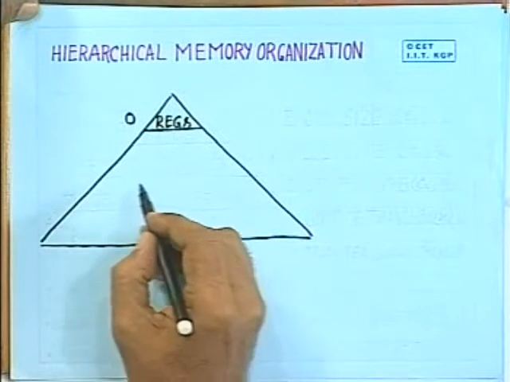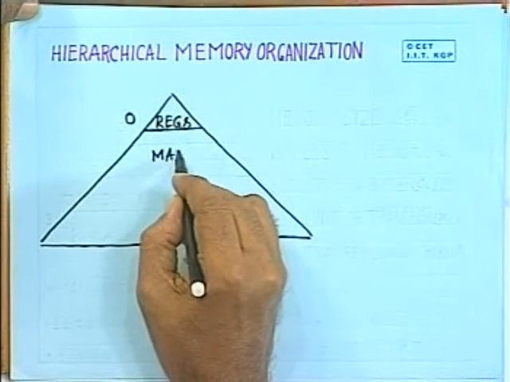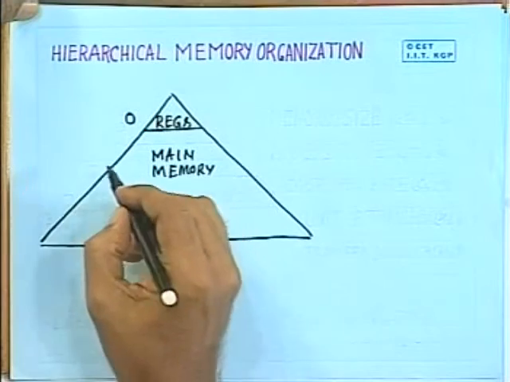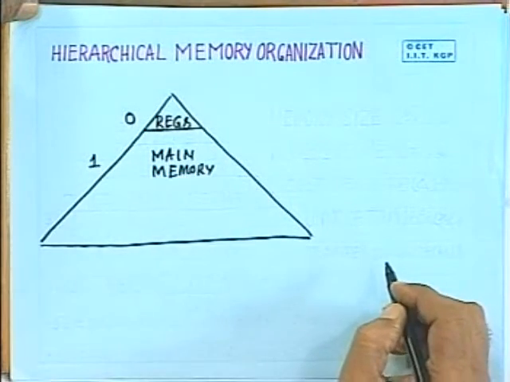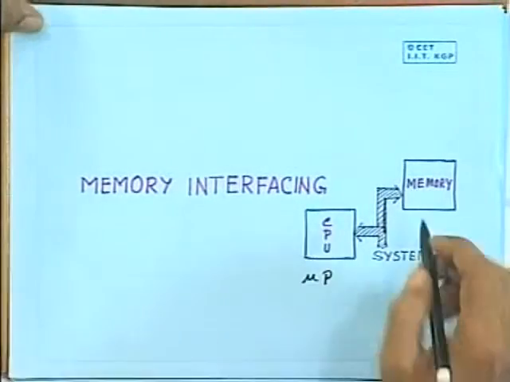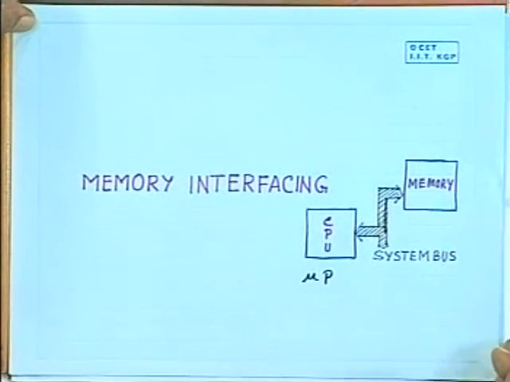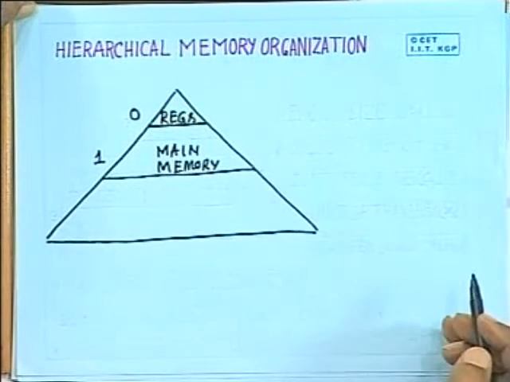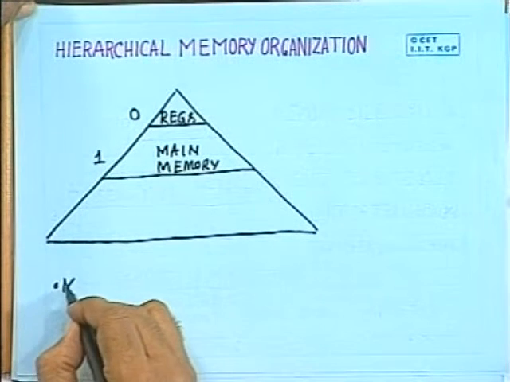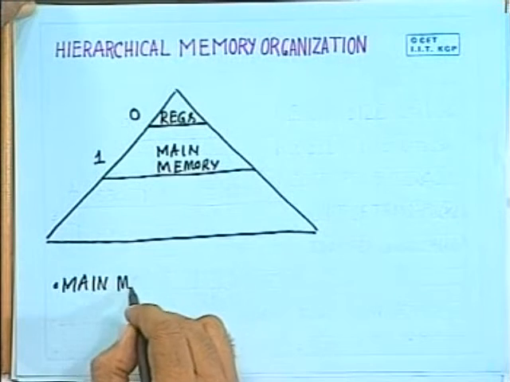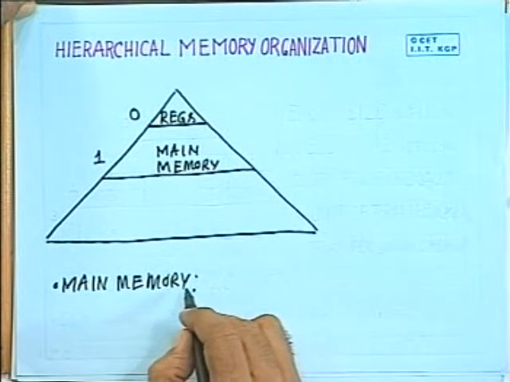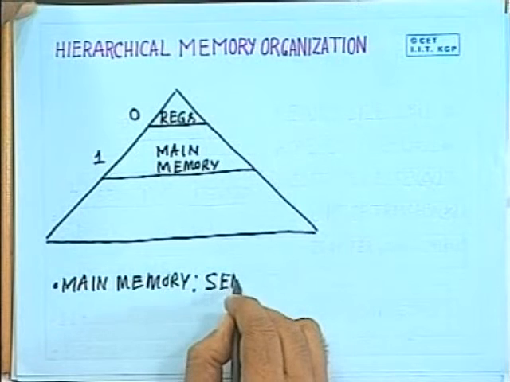And next comes the main memory. Main memory can be considered in the level 1, and as you know, main memory is directly connected to the system bus, and as a result it has to be fastest, the speed should be compatible with the CPU, and usually main memory is realized with the help of semiconductor memory devices.